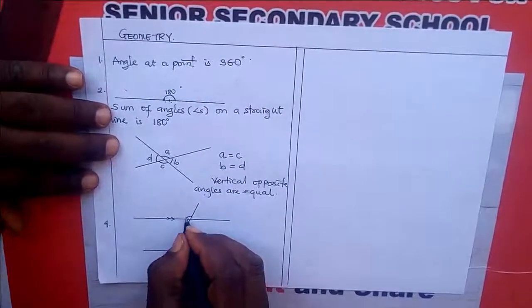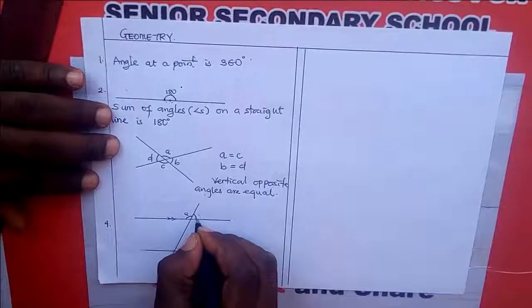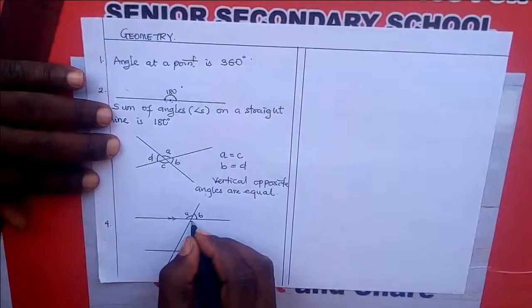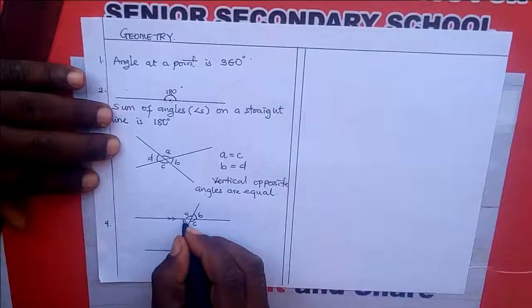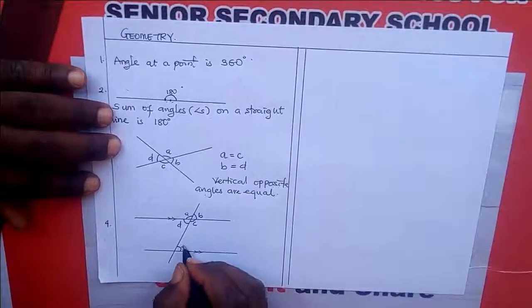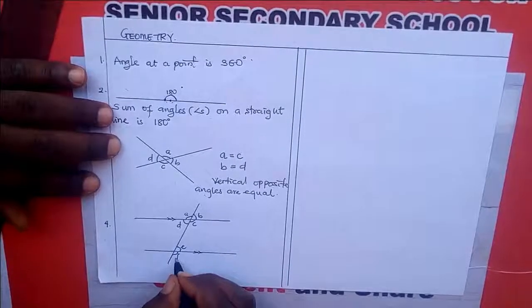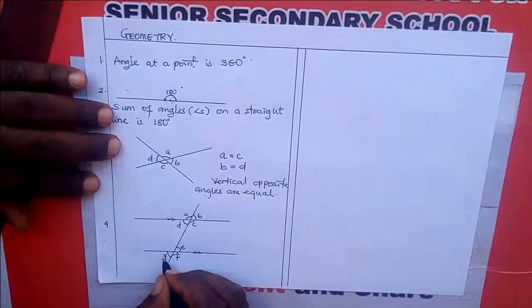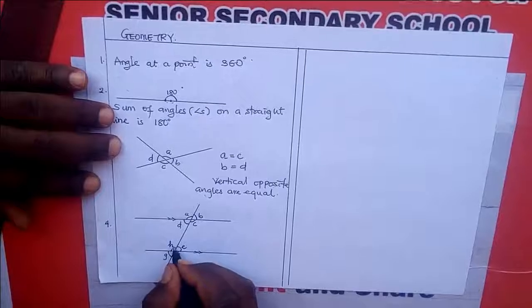Let this angle be A and this angle be B, this is C and this is angle D, this is E, this is F, this is G, and this is H.